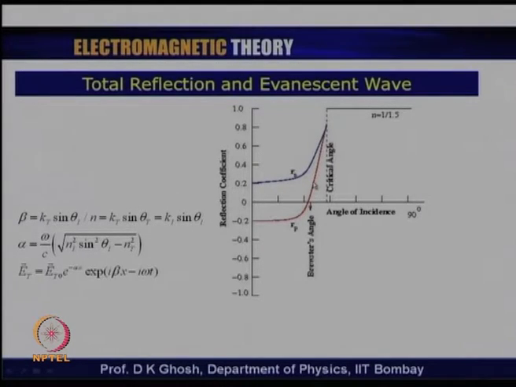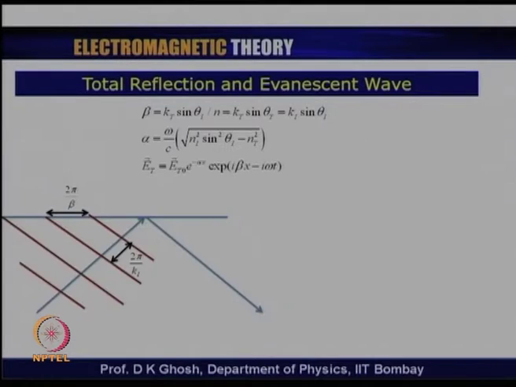So, this is what is known as total internal reflection. The wave is not 0 in the second medium, but it is an exponentially decaying wave. This is known as an evanescent wave. The propagation takes place on the surface, on the interface. We can do a little better.